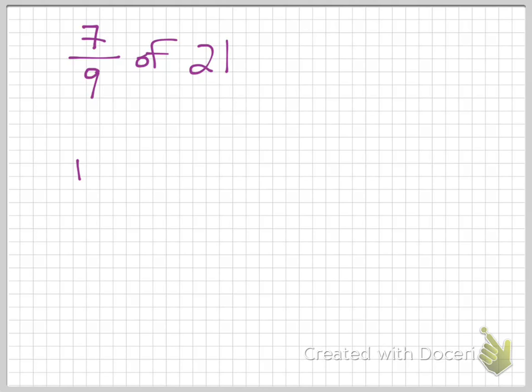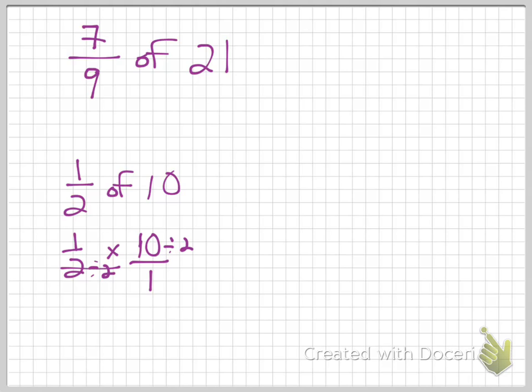Let's look at this. 1/2 of 10 is the same thing as 1/2 times 10. How do you do it when you're multiplying a fraction times a whole number? You put the whole number over 1. What can I do at this point? Cross cancel, divide by 2, divide by 2. This is a 1, this is a 5. 1 times 5 is 5. 1 times 1 is 1. 5 over 1 is 5.